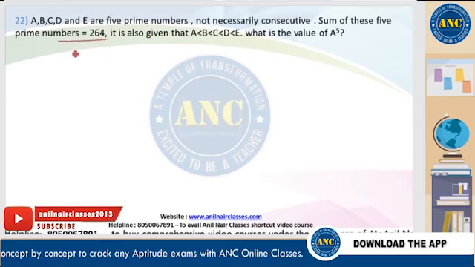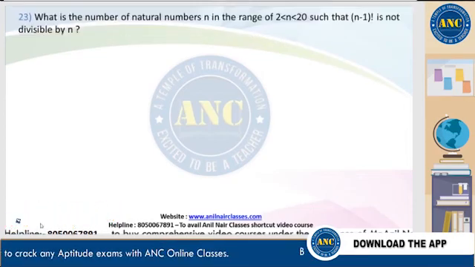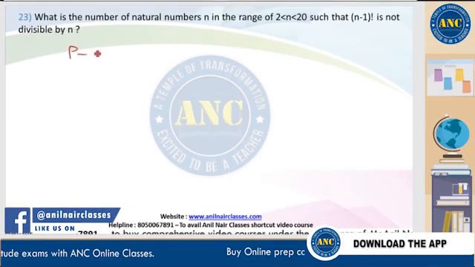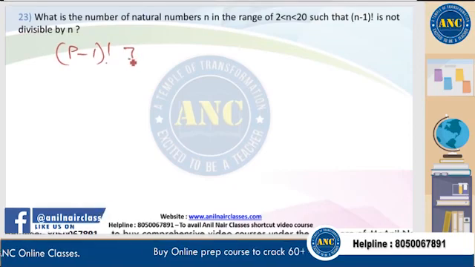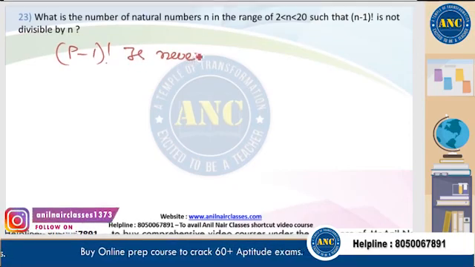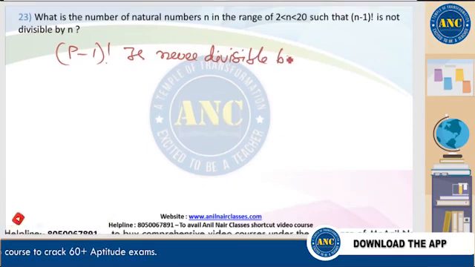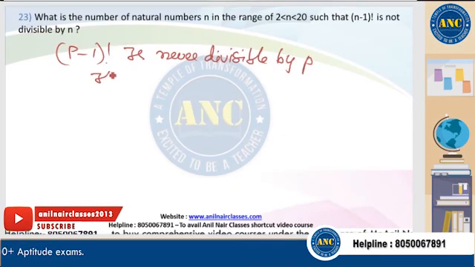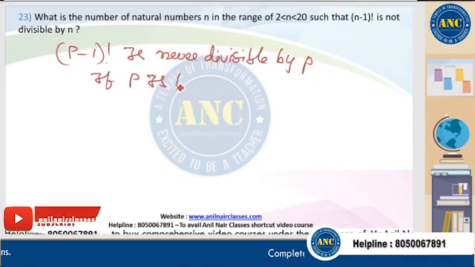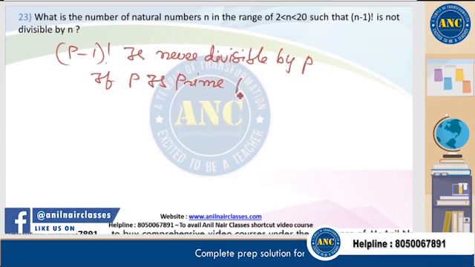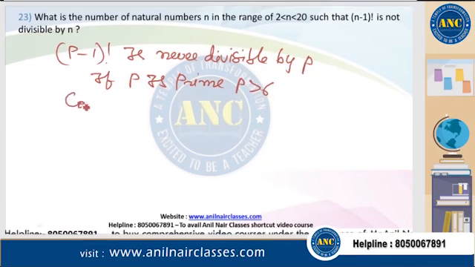Again, lowest prime, similar. We discussed this in the afternoon. A very, very important concept: P minus 1 factorial is never divisible by P if P is prime, P greater than 6. This is concept 13.